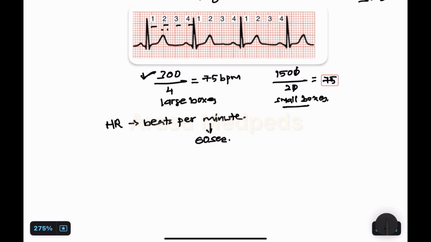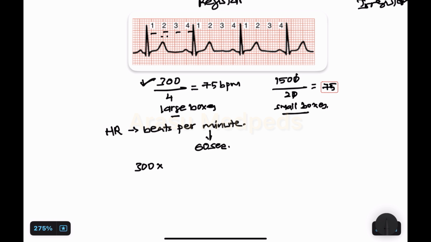So here, why we are using number 300 is, suppose we multiply this number by the large box timing. How much will be one large box? From the previous class, we know that one large box accounts for 0.2 seconds. So it will come to 60 seconds, right? That's how we got the number of beats per minute. This is the reason to utilize number 300.